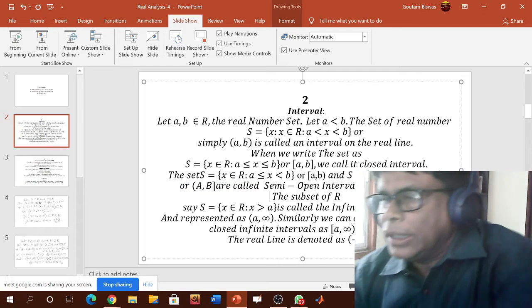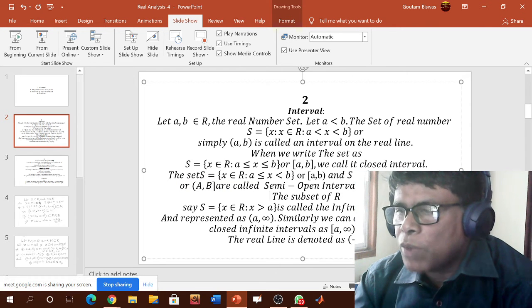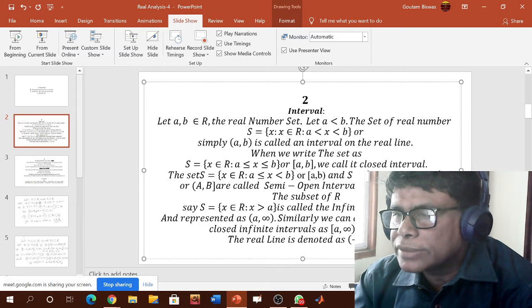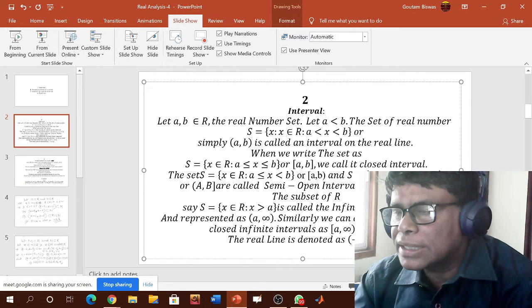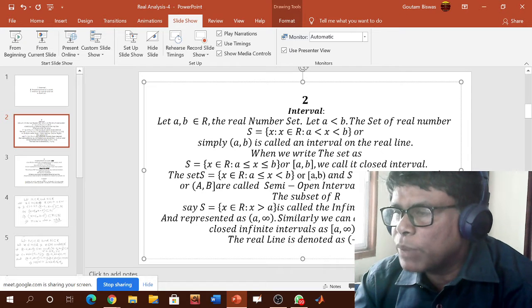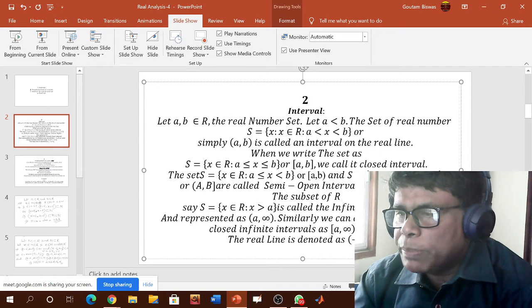Okay, left or right. This subset of R is called an infinite interval. That is, all numbers greater than A is called the infinite open interval and represented as A to infinity.